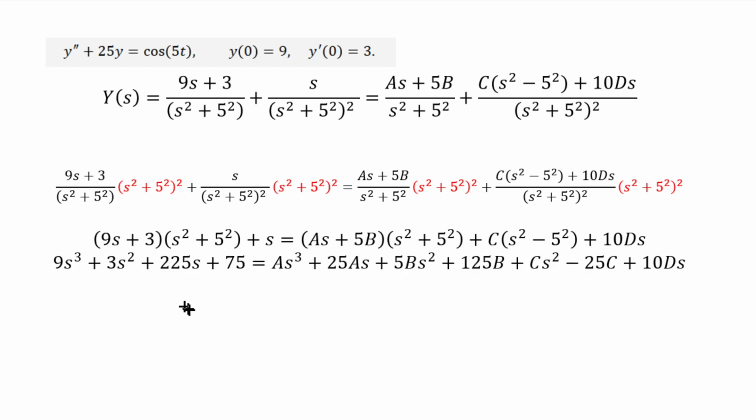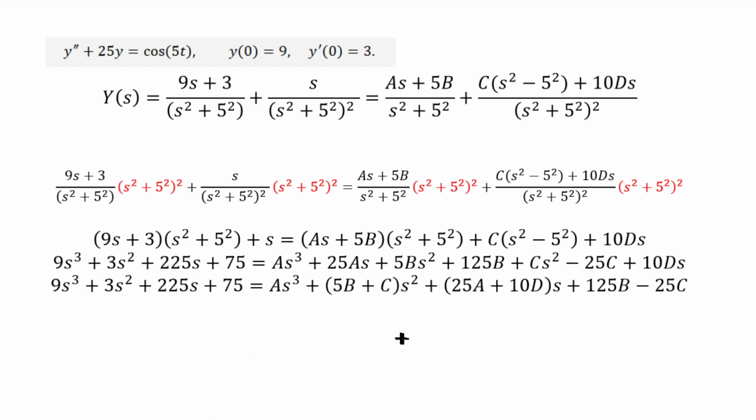I'm expanding the left side, expanding the right side, and then I collect the s cubed. Well, there's only one s cubed, A s cubed, and then there's 5B s squared and C s squared, so they can be collected together. Also for the s, 25A s and 10D s is here, and then 125B minus 25C.